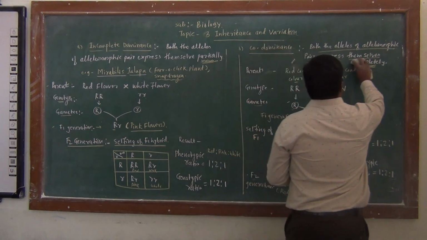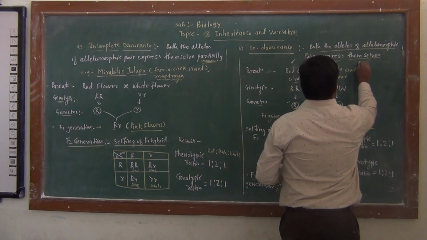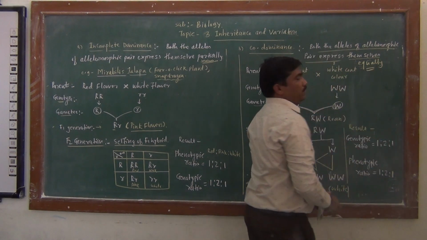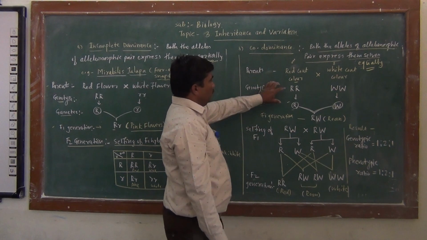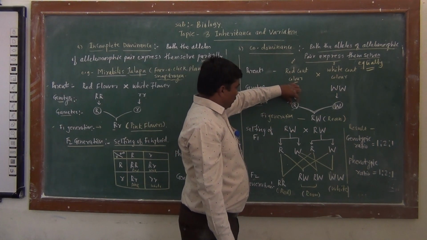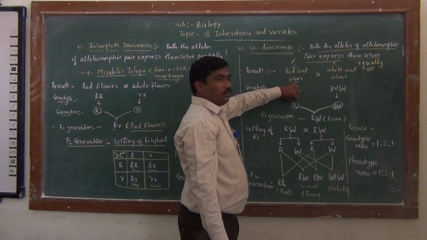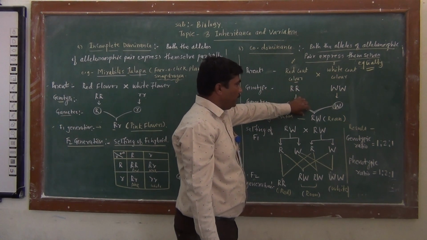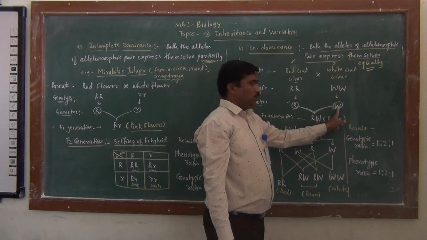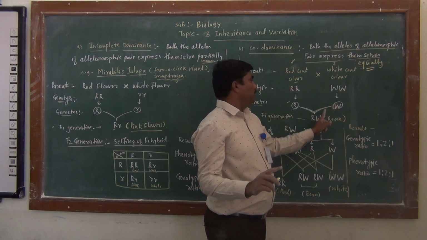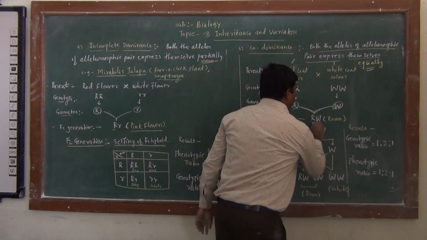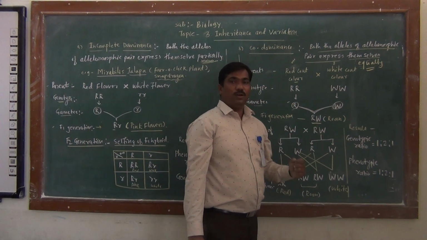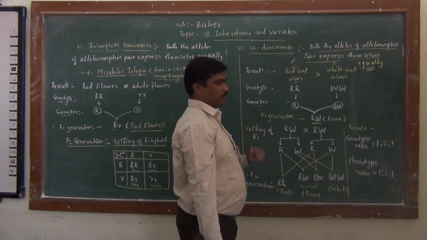The gene R controls the red character and expresses equally. The W gene controls the white character and also expresses equally, and therefore we get this result. This is the roan individual obtained in the F1 generation.